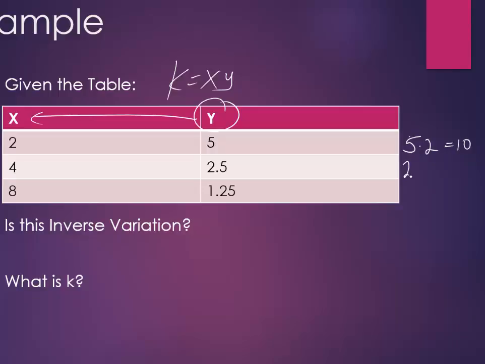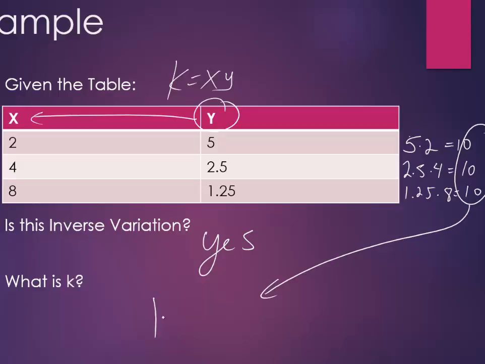Next row, we're going to have 2.5 times 4, and that'll also equal 10. Last row, 1.25 times 8 equals 10. So is this inverse variation? Yes, it is, because all of the k values equal the same thing. So therefore, k will equal 10.